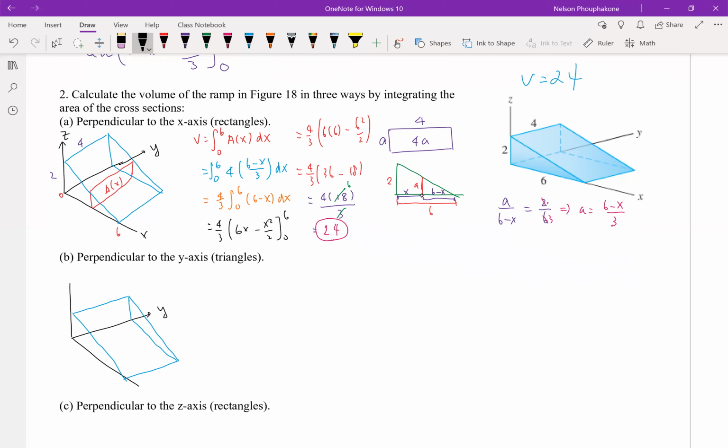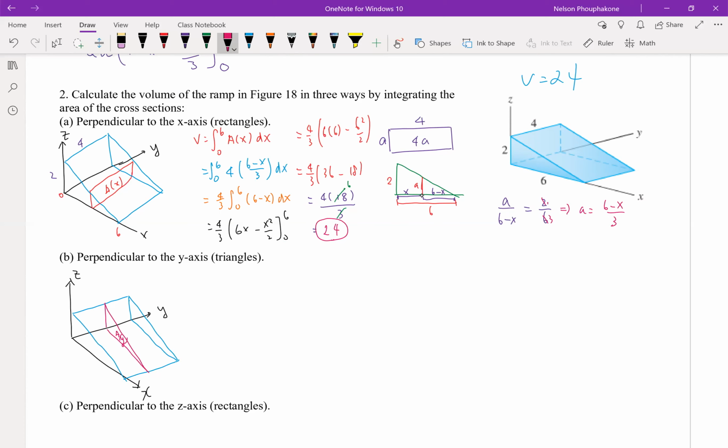Okay. So now the next one right here is I would like to make it perpendicular to the y-axis. So therefore, in this case, you will see that this is my A of y. Okay, so we will integrate.